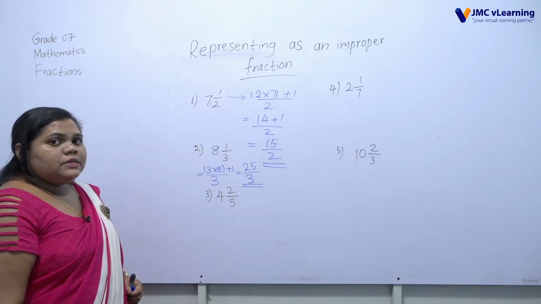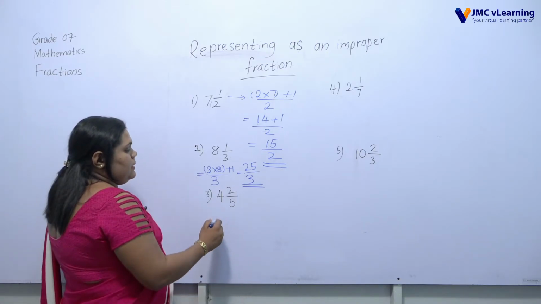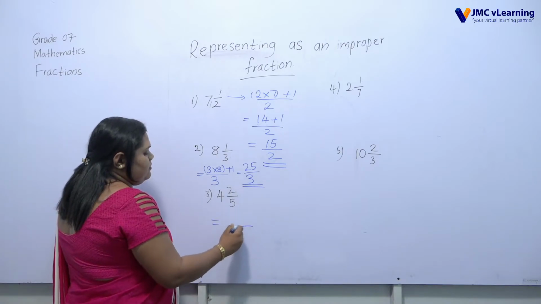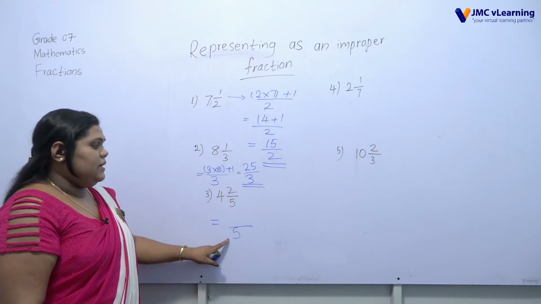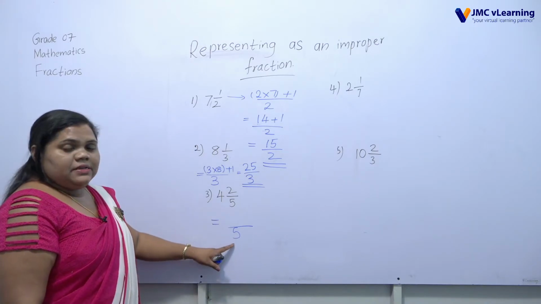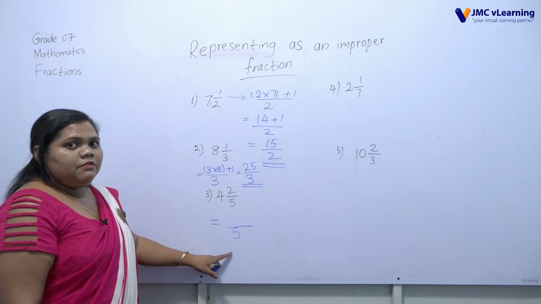25 out of 3. Okay, now next one. Always you want to keep this in your mind. You cannot change the denominator. Always the denominators are the same in the mixed number and the improper fraction.